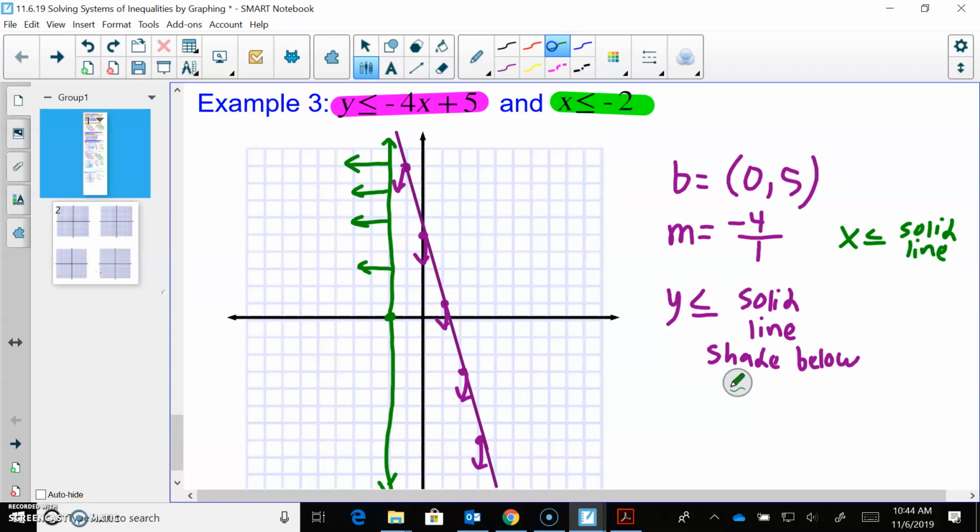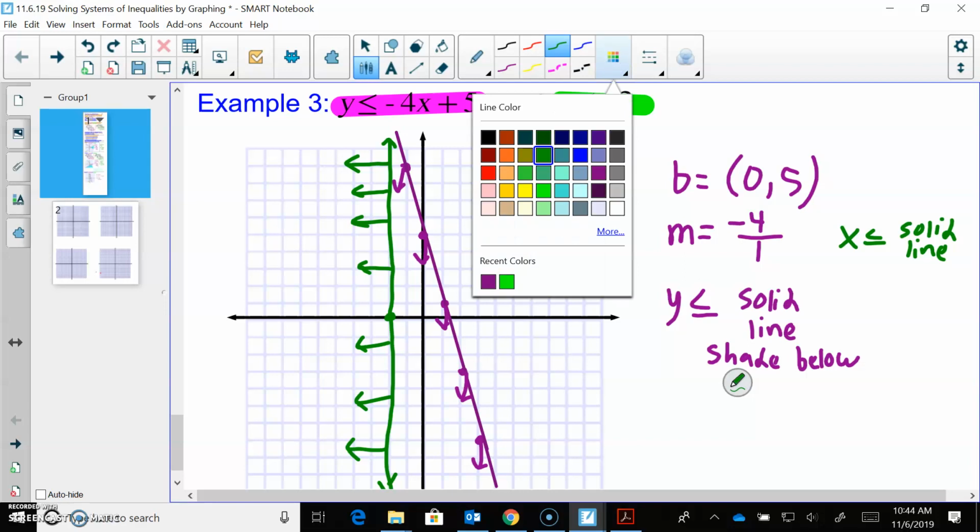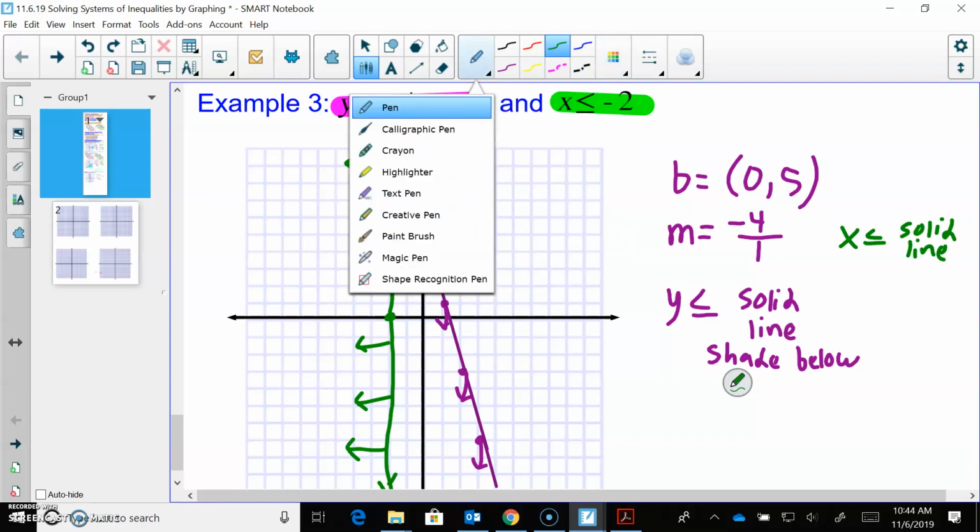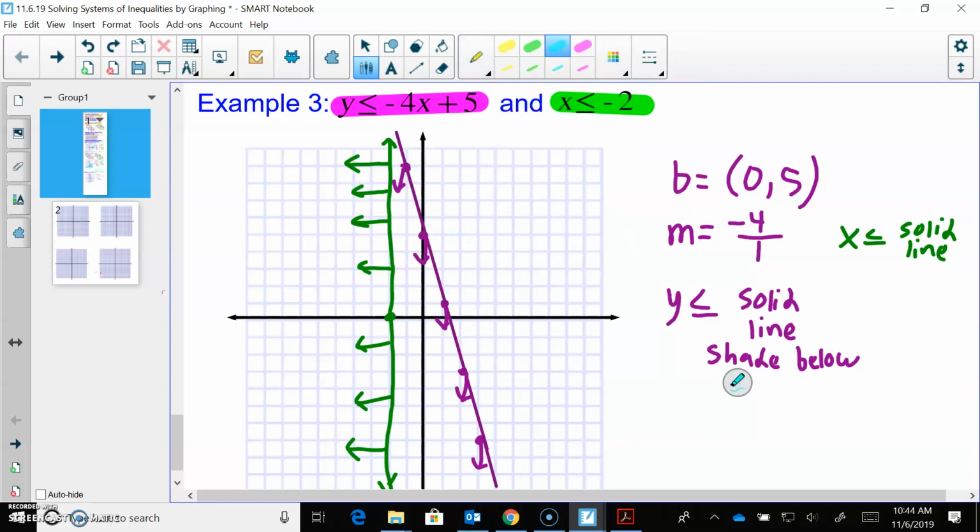The easiest way to remember that, anytime it's x and just a number, whichever way that arrow is pointing is telling you which way to shade if the x value is on the left side. So that is going to end up being where I need to shade as far as that inequality. Now I need to take a look at the overall solution, the shaded area.